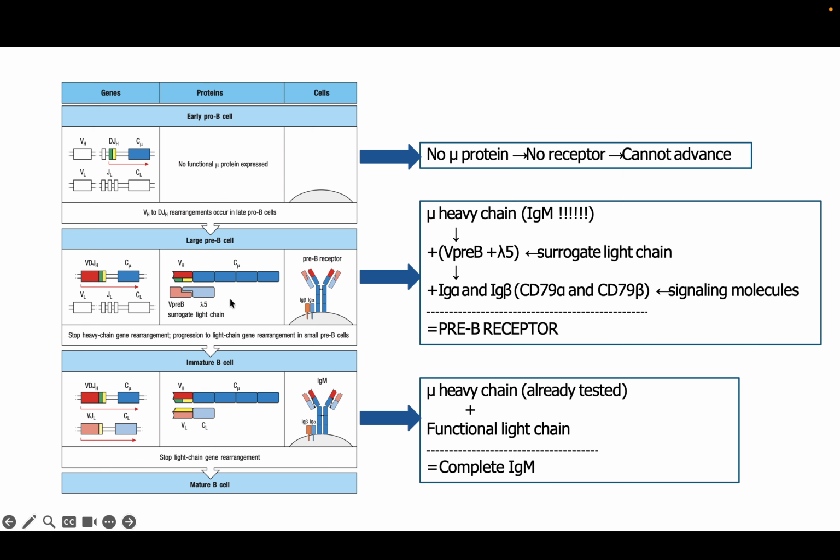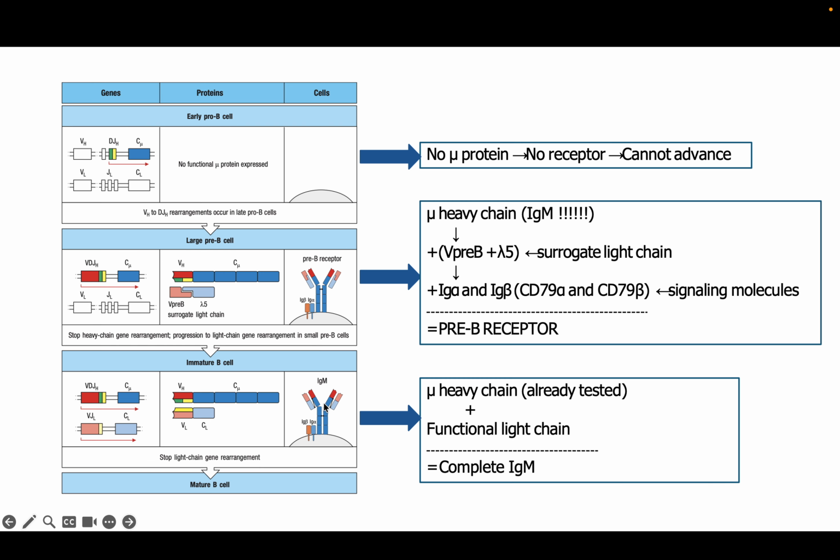So basically, once you start entering your immature B cell, you create your light chain, which now is able to bind to your already formed heavy chain to create your full antibody. As we know, the full antibody is an IgM, because the heavy chain is mu, hence IgM.